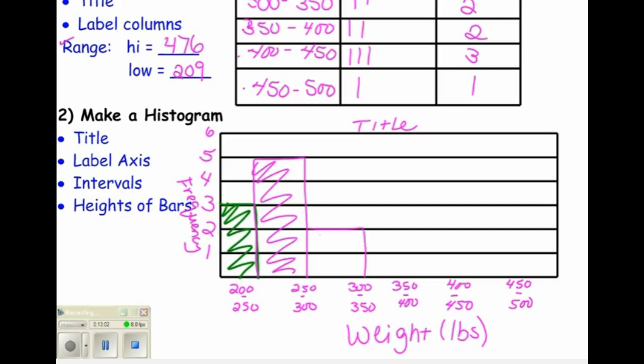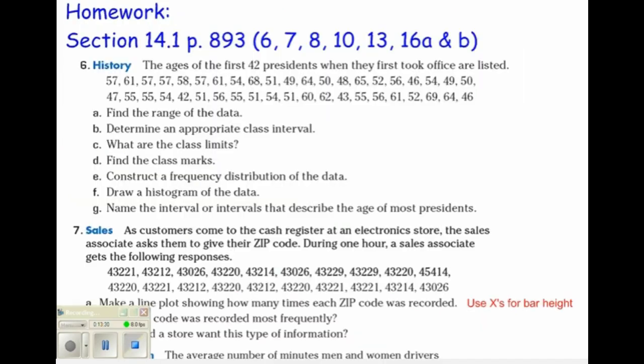My bar should be a little bit more equal, but we're just sketching here anyway. And then 350 to 400 also had an occurrence of twice. 400 to 450 occurred 3 times, and 1 in that category, 450 to 500. And then just shade in your graphs, and it's all completed. Homework will be this, and we can work on that during class time.